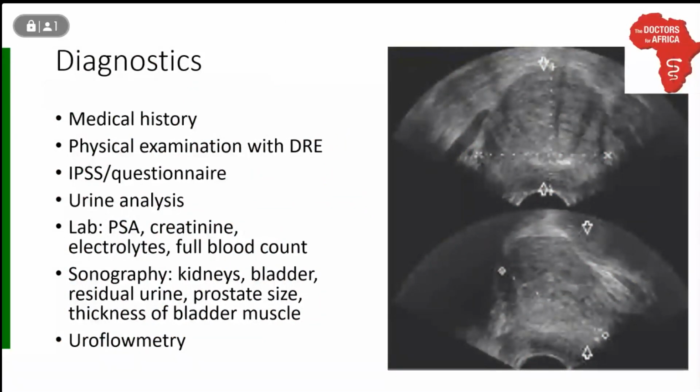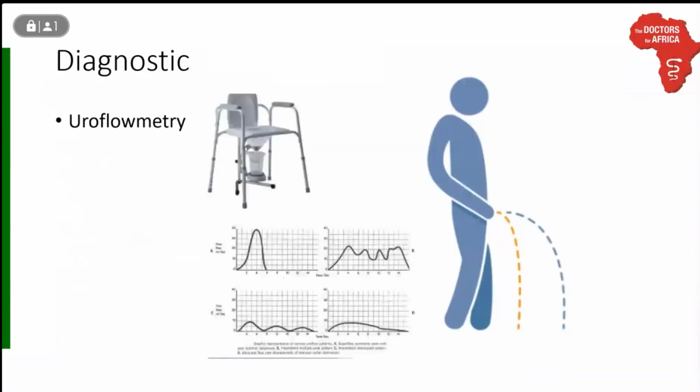Sonography of the kidneys and the bladder shows if there is residual urine. We estimate the prostate size and the thickness of the bladder muscle, and you might do a uroflowmetry. The uroflowmetry can be done in a sophisticated way, but you can also ask the patient how far he may void. It rates the degree of obstruction. Is there a firm stream or just dribbling?